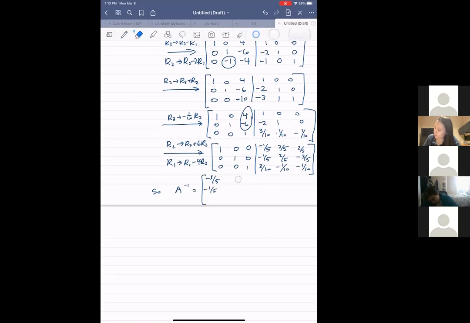Honestly, if we want to clean this up, we can pull out maybe a 1/5 or 1/10. Right, and then we get -2, 4, 4, -2, 4, -6, and 3, -1, -1. That would be our answer.